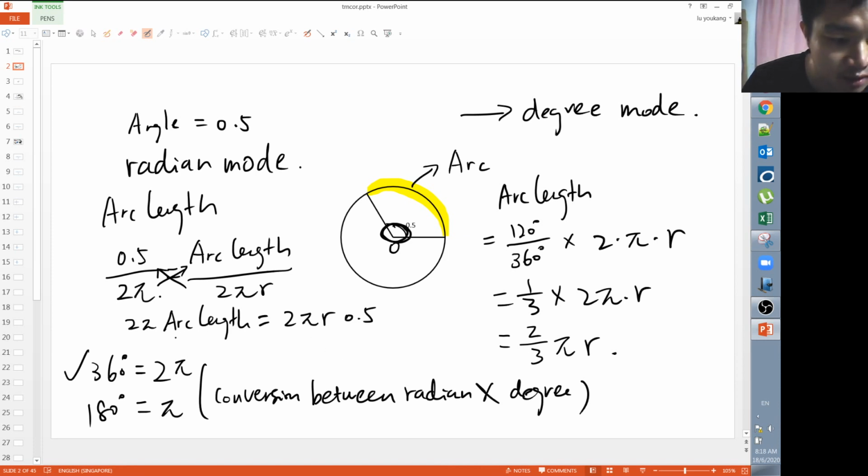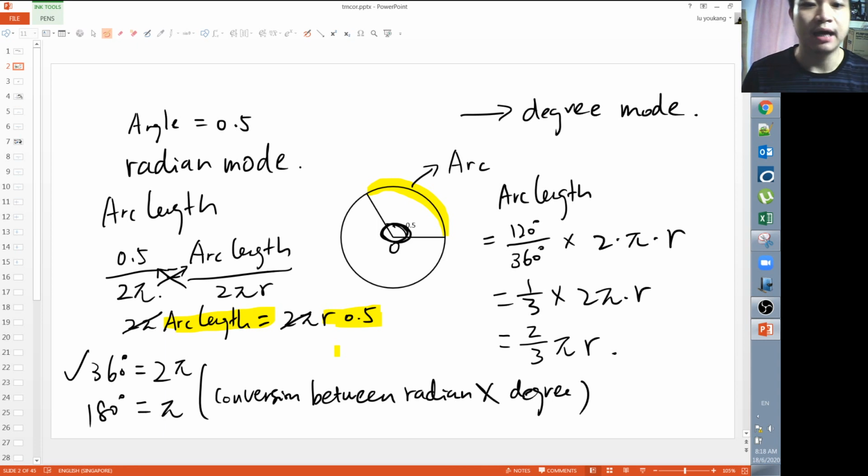If you simplify this, you can cancel your 2 pi on both sides. So you are simply left with arc length equals r times 0.5. So it is r times the angle given in radian mode.